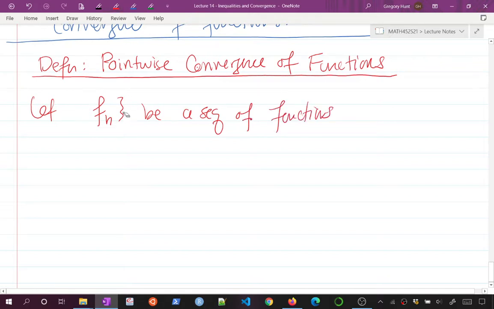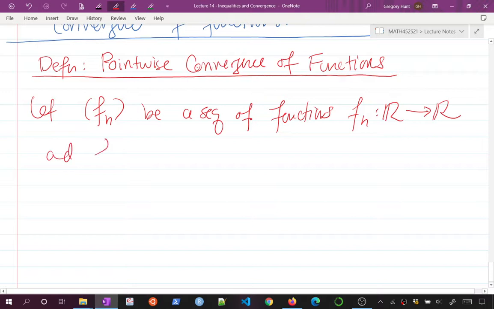And maybe I should not have curly brackets. Maybe it should be something like that. Fn is a sequence of functions. So that's my way of denoting a sequence of functions. n goes 1, 2, 3. It's a sequence of functions Fn. And let's just say they're real valued functions. It doesn't really matter that much, but they're real valued functions.